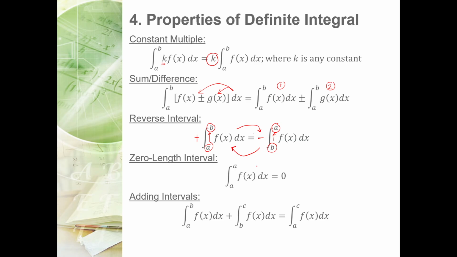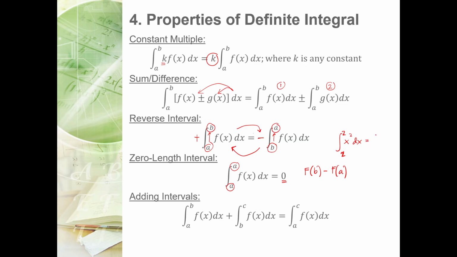Next is your zero length. It's obvious that if the lower limit and the upper limit are of the same value, we automatically get 0. Remember that the formula is F of b minus F of a. So if both have the same values, let's say you're going to evaluate the integral of x squared dx, let's say from 2 to 2.